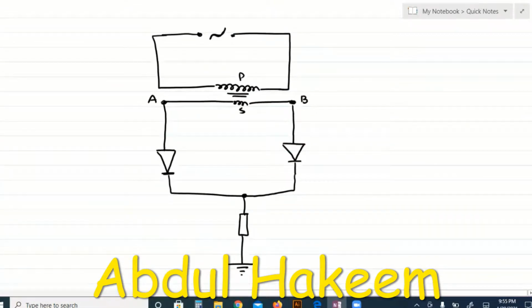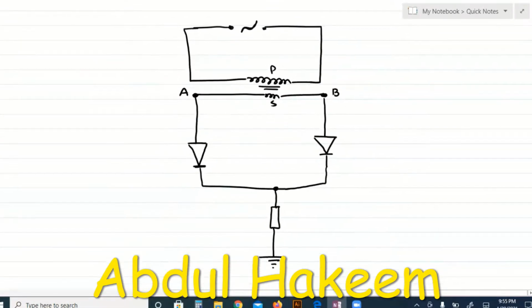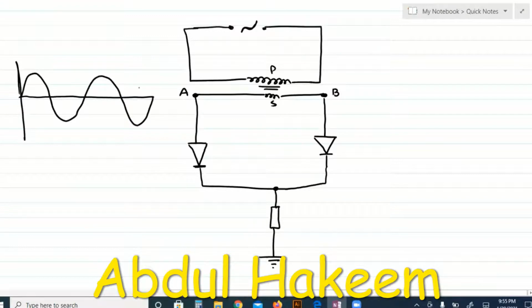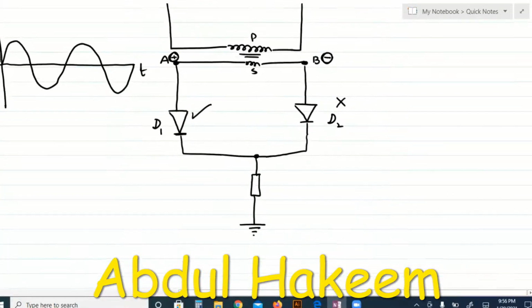So A and B are at low alternating voltage. Suppose this is the polarity, this is the voltage. When this side becomes positive, this will be negative. This is diode number 1. This is diode number 2. For A positive, this diode 1 is forward bias. Diode 2 is reverse bias.